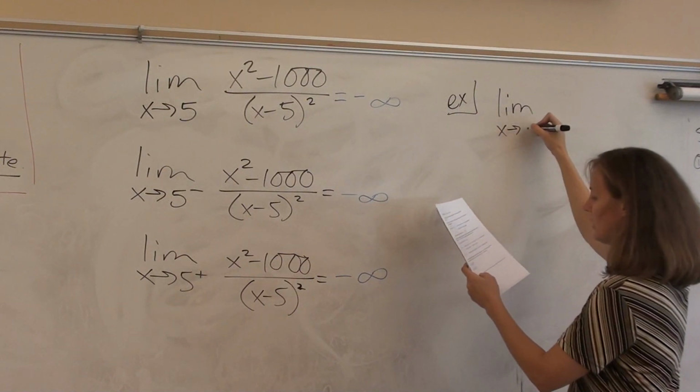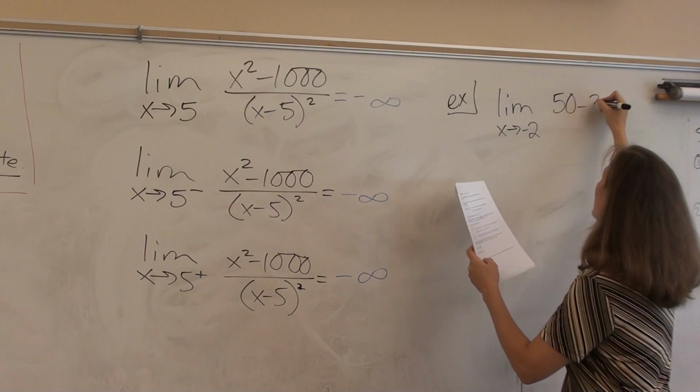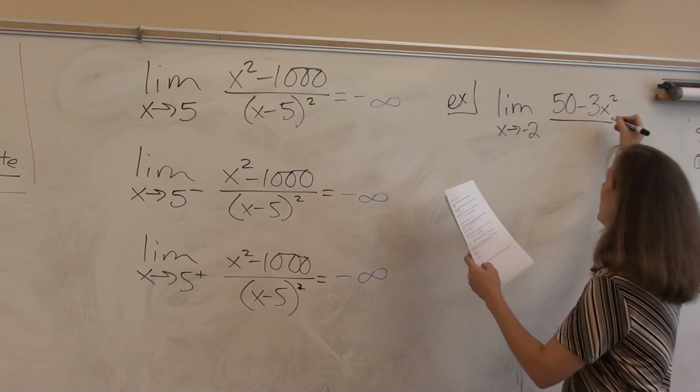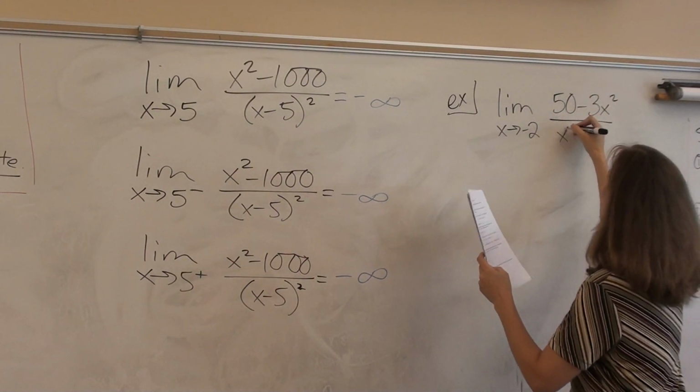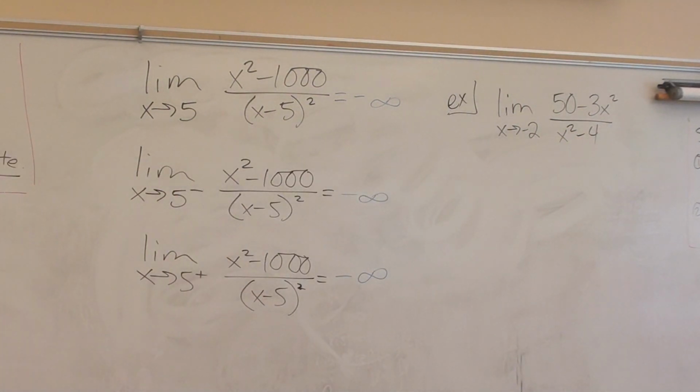Okay, we're going to do the limit as x approaches negative 2 of (50 minus 3x squared) over (x squared minus 4).